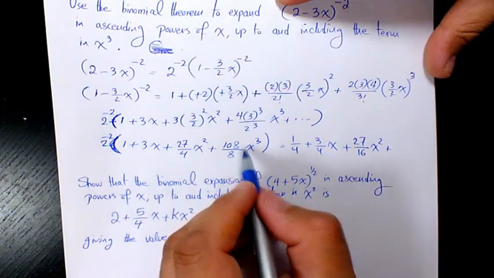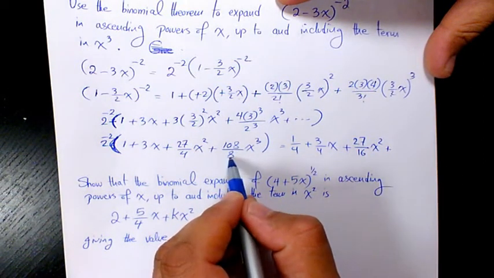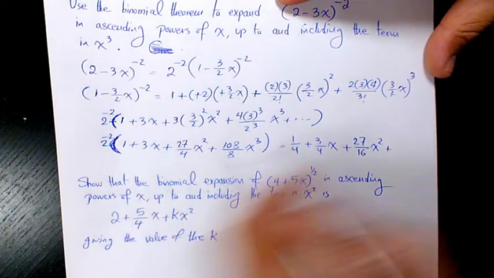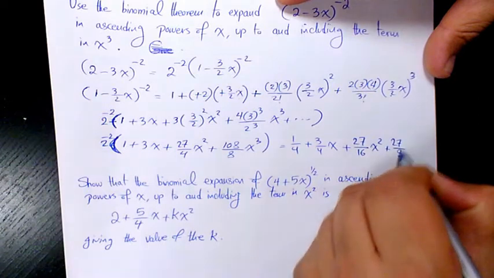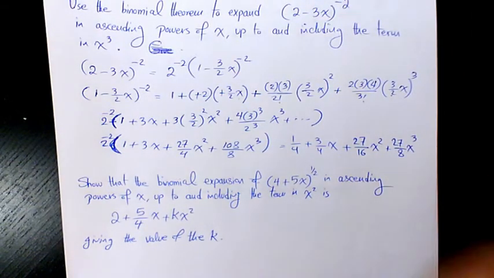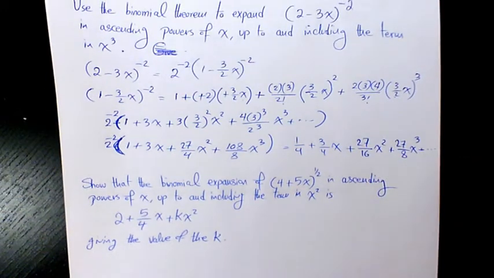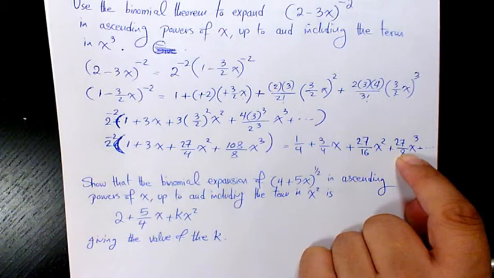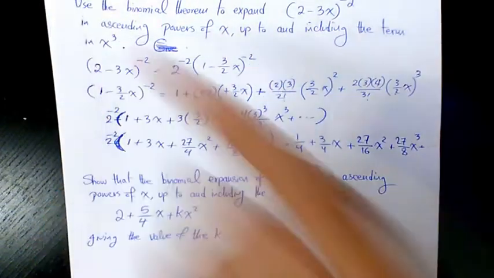And here we have 108 divided by 8, 54, 27 over 2, 27 over 8x cubed. Plus all other terms, but we needed to stay here because it says including the term x cubed.